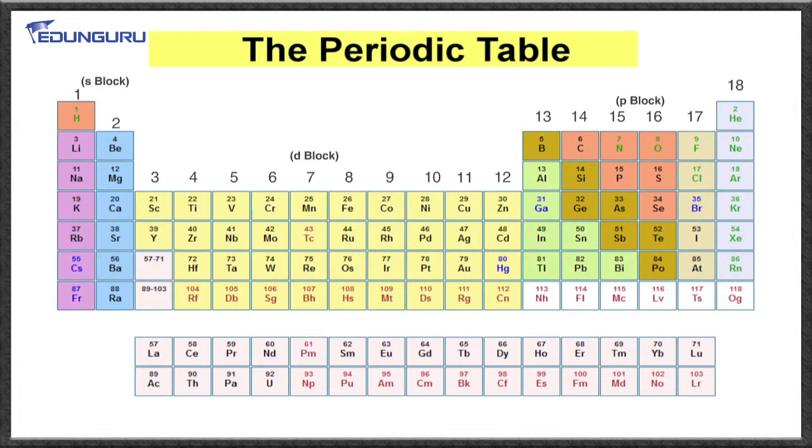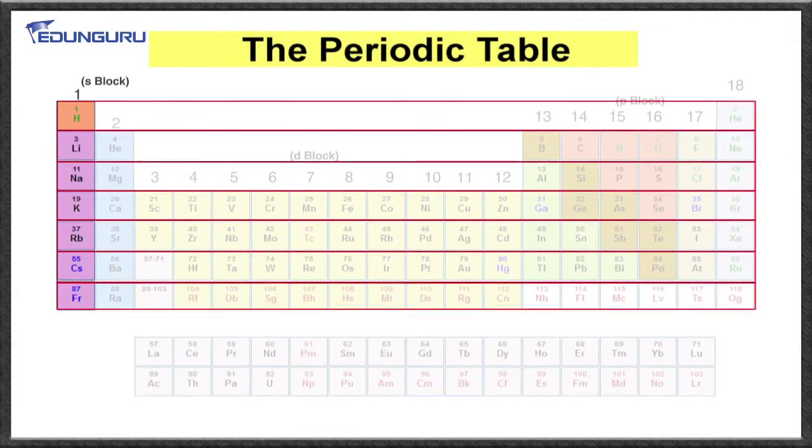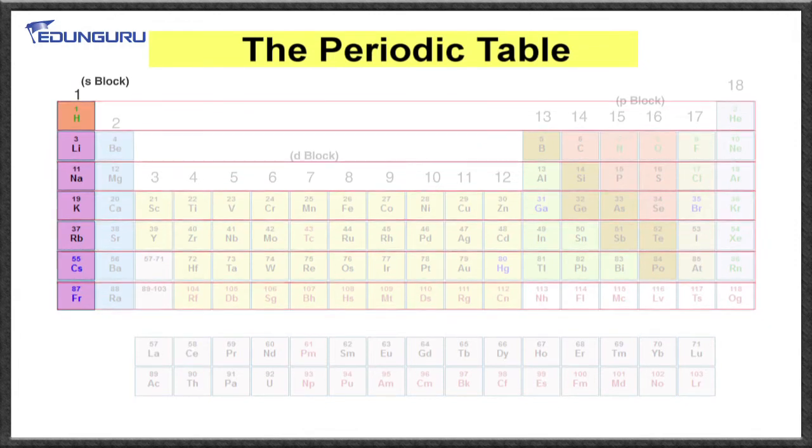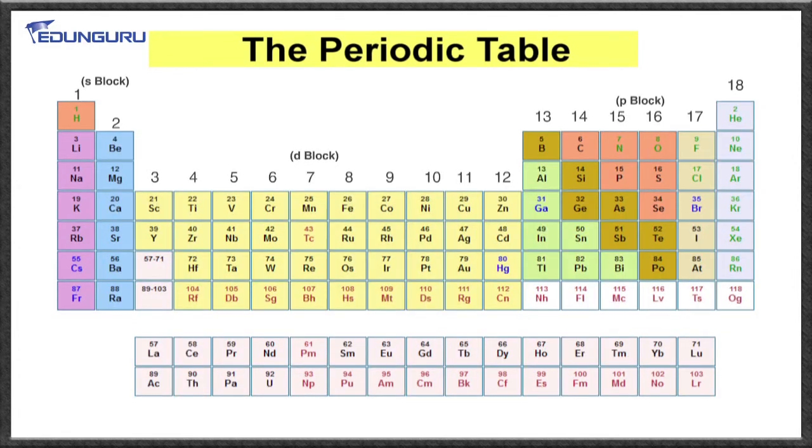If we classify according to the period, then in the modern periodic table we have 7 periods, 7 horizontal rows. If we start from hydrogen, lithium, sodium, potassium, rubidium, cesium and francium, in this way we have 7 horizontal rows, the periods, and 18 vertical columns, the groups, in the modern periodic table.